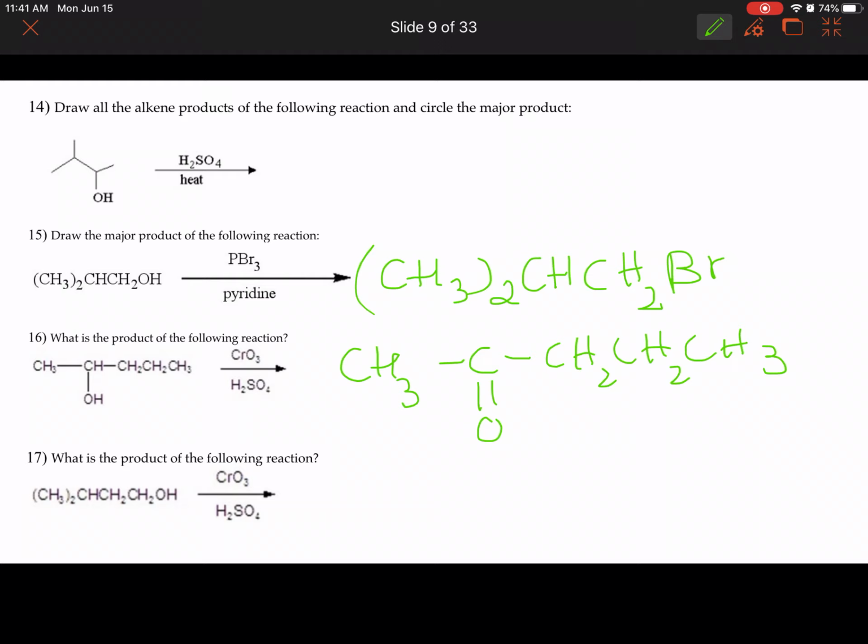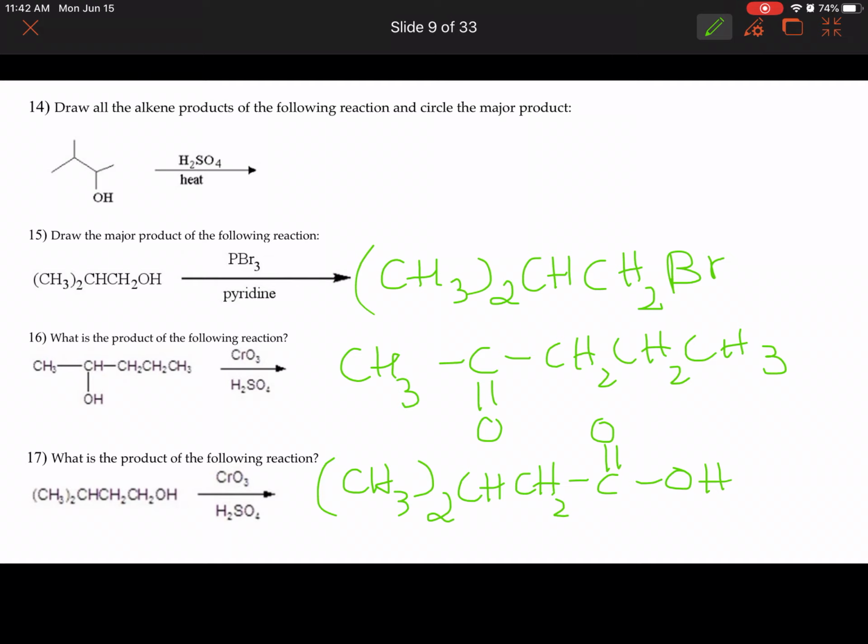Okay. So how would you draw an acid? I'm sure you know how to draw a carboxylic acid. Okay. So the carboxylic acid would be, you have a CH3, CH, CH2, and then the very last carbon that is carrying the hydroxyl group will become a carboxylic acid.